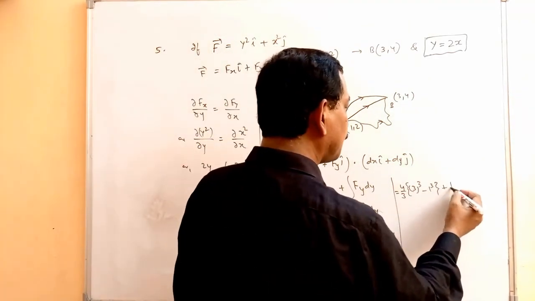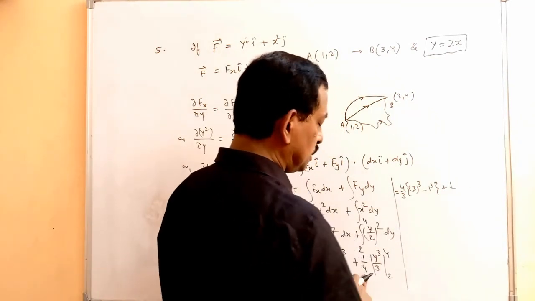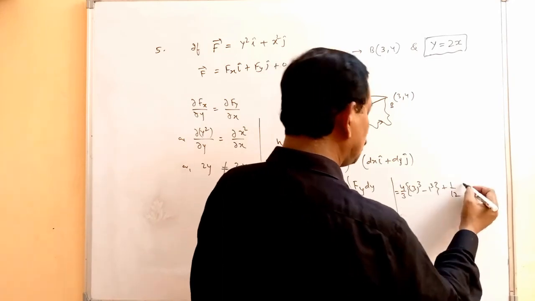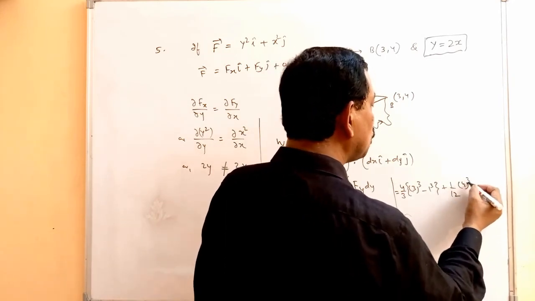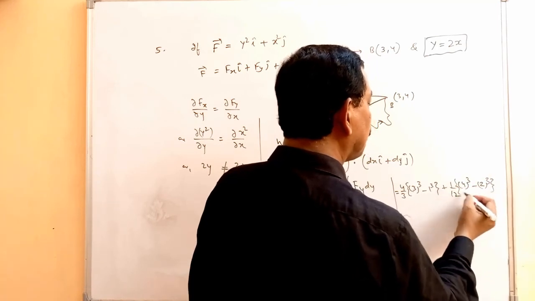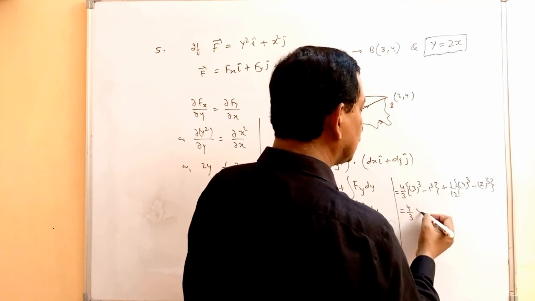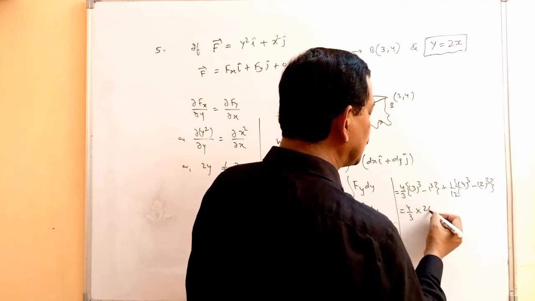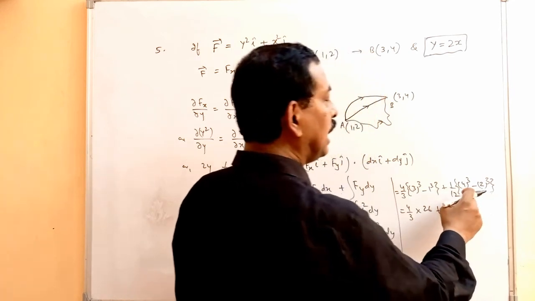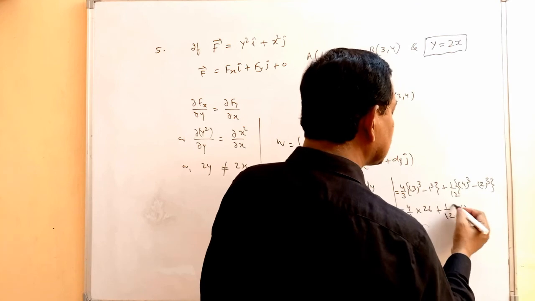This is 9 and this 3, and this is 4, so it is 12, times 4 cube minus 2 cube. So this is 4 by 3 times 27 minus 1, that is 26, plus 1 by 12 times 64 minus 8, so it is 56.